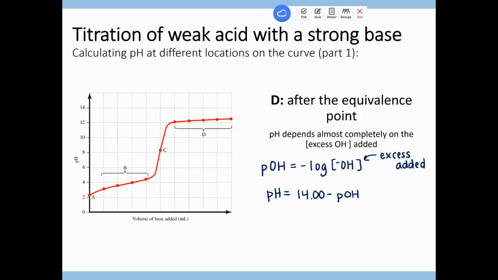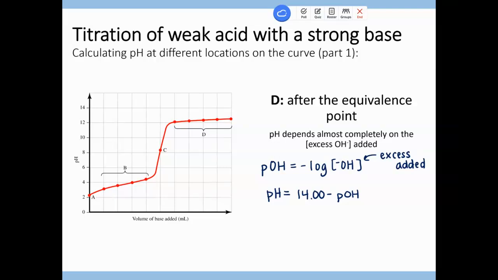The next sentence says, assume that less than 5% of the acid ionizes in solution. So that means of all of the acid that's added, less than 5% of it becomes the conjugate base and H3O+. All that tells us really is that it's a weak acid, that we can assume initial concentration of the acid is equal to equilibrium concentration. So then you're asked to determine the pH at 3 different points.